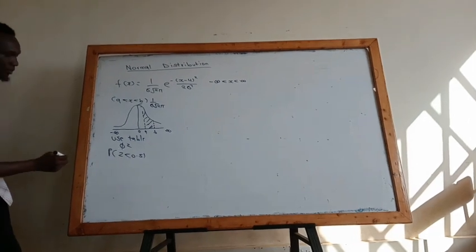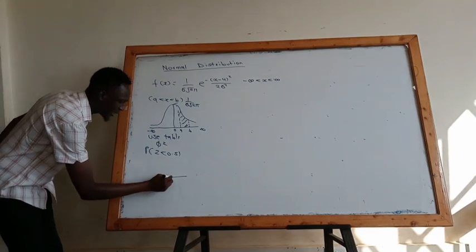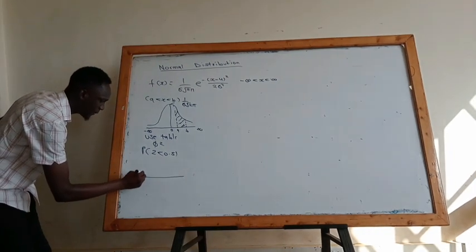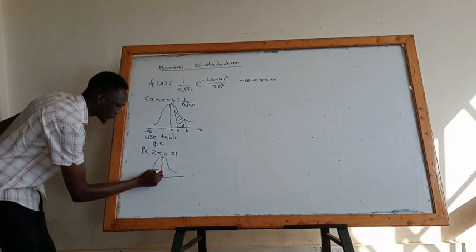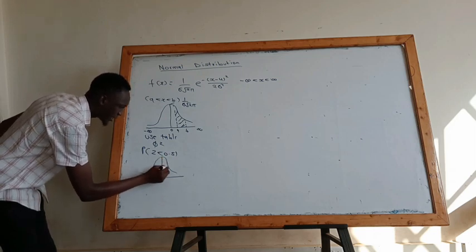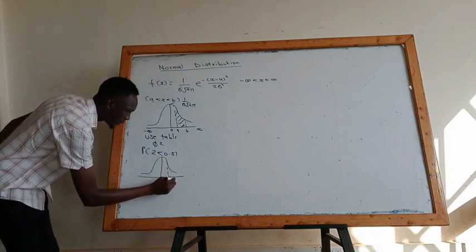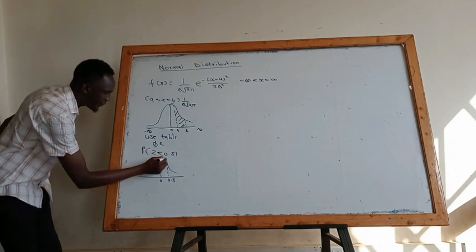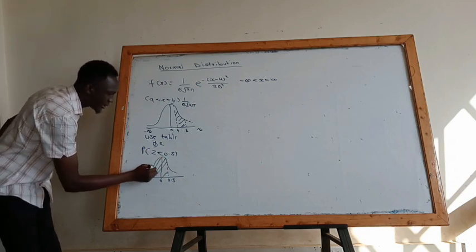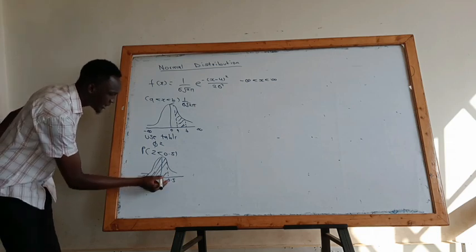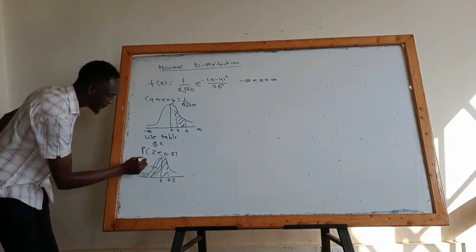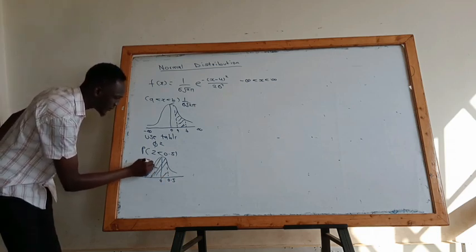Z less than 0.5. When you have the sketch, 0.5 is somewhere here. Z less than 0.5 means they need the area to the left. Finding the area to the left, Z less than 0.5 is the same as phi of 0.5.